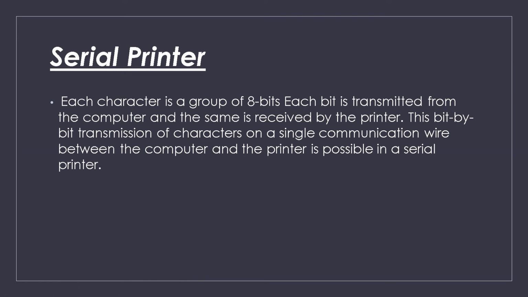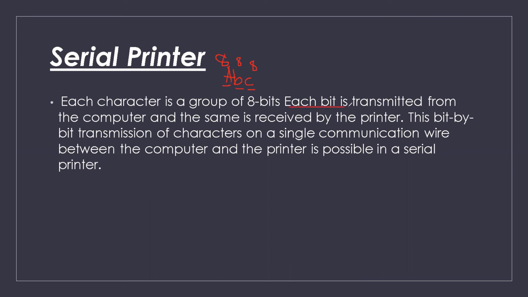So remember this. Say you have typed ABC. Each character, A, B, and C, is 8 bits. So 8 bits, 8 bits, and 8 bits. What happens here in a serial printer?